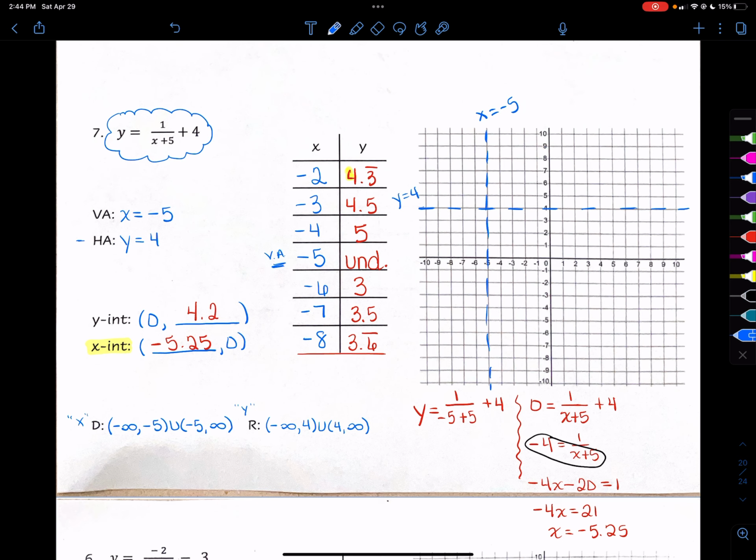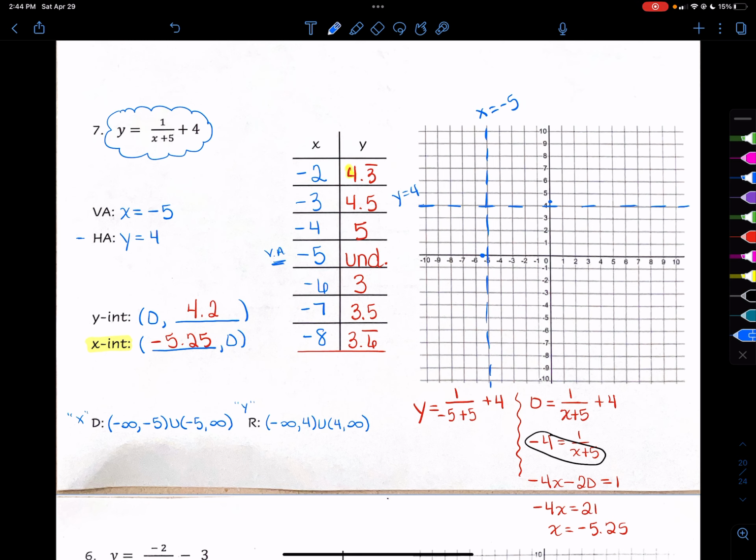Okay, the y-intercept is at 0, 4.2. The x-intercept is at -5.25, 0. And then our table: -2, 4.3. Oops, that looks a little like the other one. I'm going to move that up just a tad. -2, 4.3.